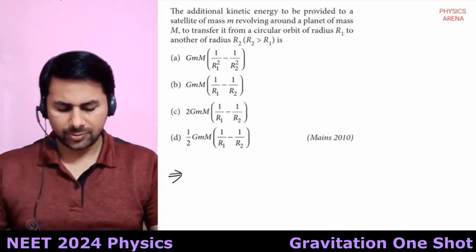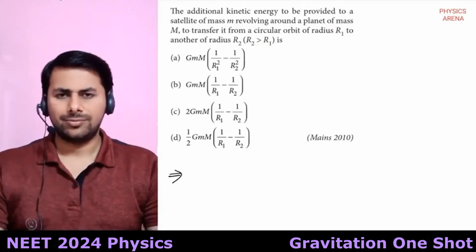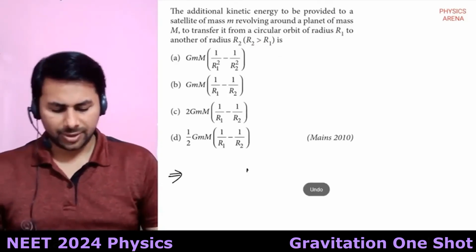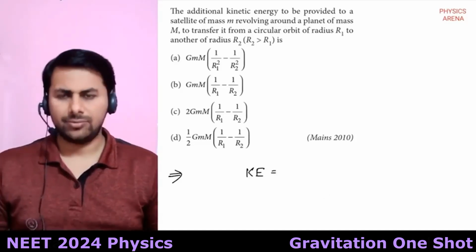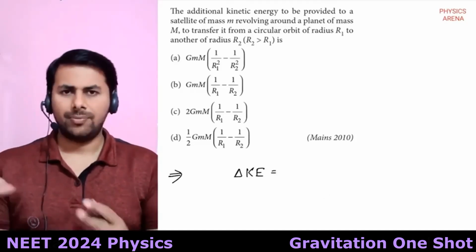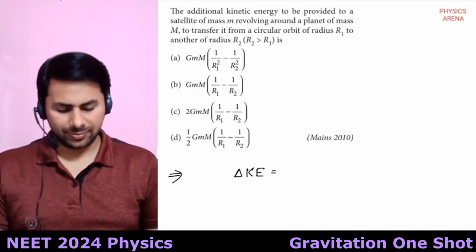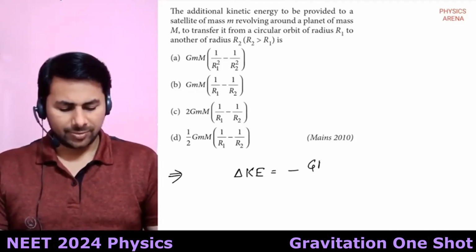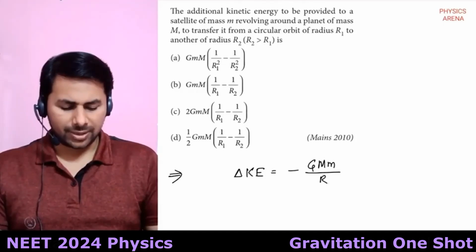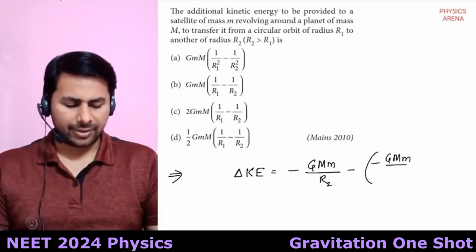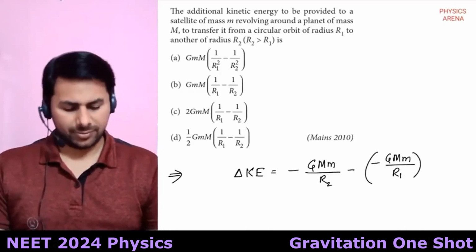Tell me, how much is the additional kinetic energy required? Delta K is equal to the final energy minus the initial energy. So minus GMm upon 2r2 minus of GMm divided by 2r1.